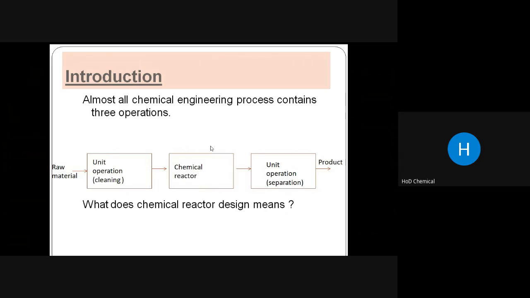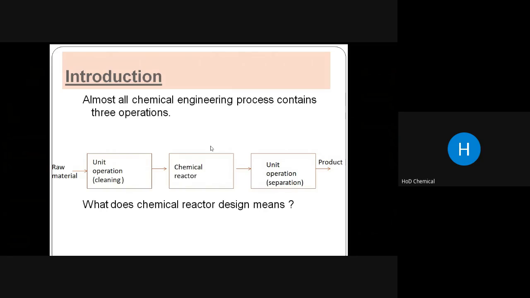We can classify several types of reactions. In these reactions, the chemical changes can be obtained by using the reactors.